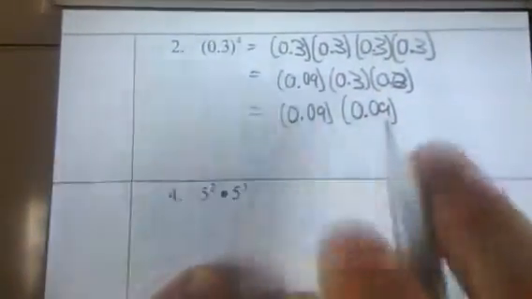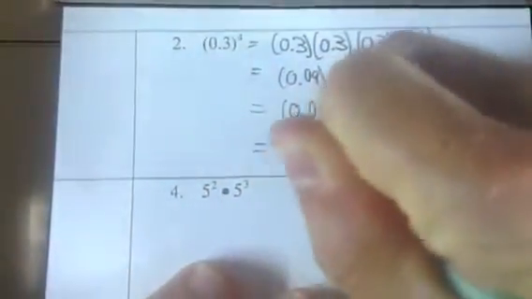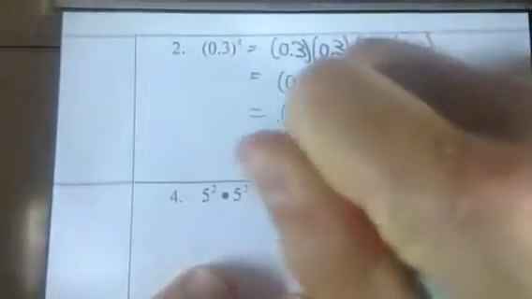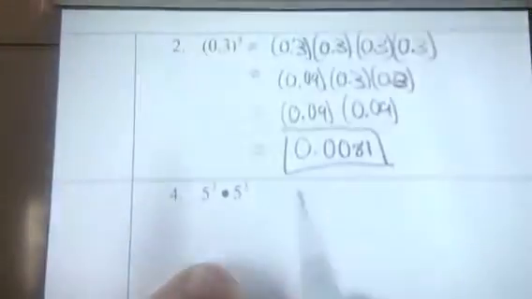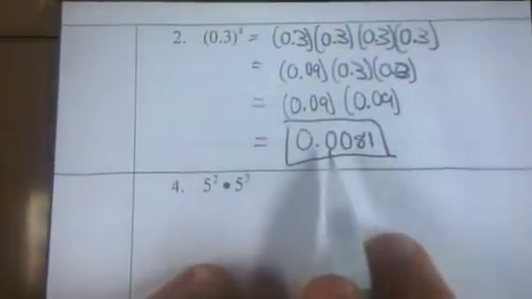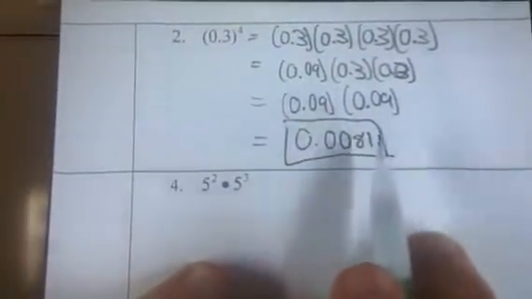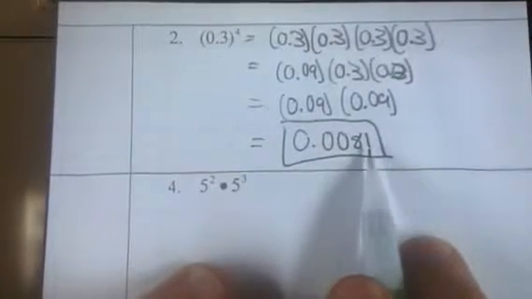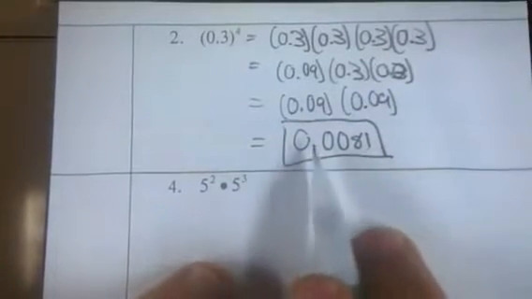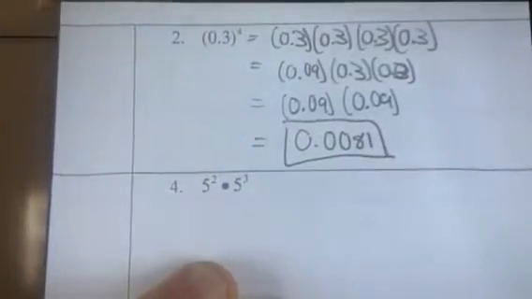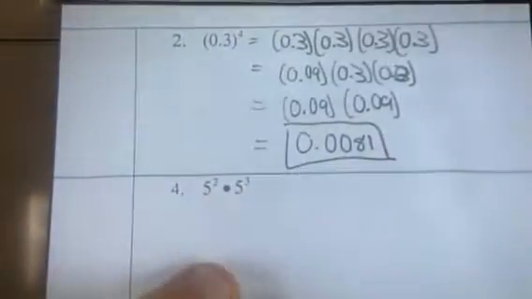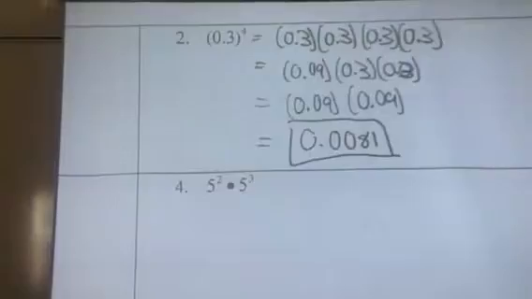I'll multiply that by itself, and it gives me this. Let's talk about what that number is. That's 0 and, this is tenths, this is hundredths, this is thousandths, this is ten thousandths. So that is 0 and 81 ten-thousandths. So 0 and 3/10 to the 4th power gives me 0 and 81 ten-thousandths.